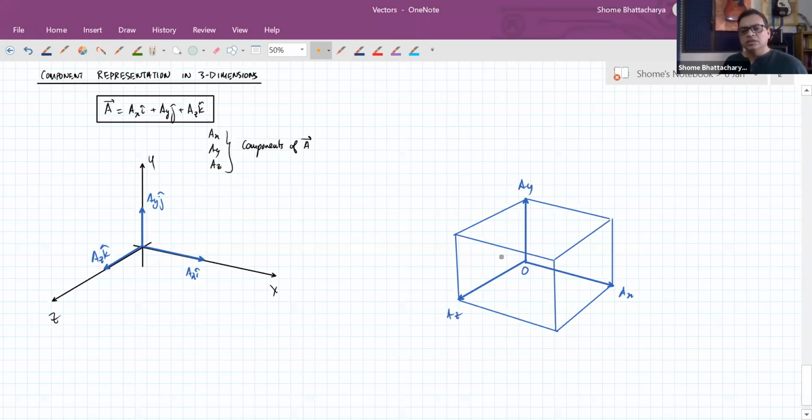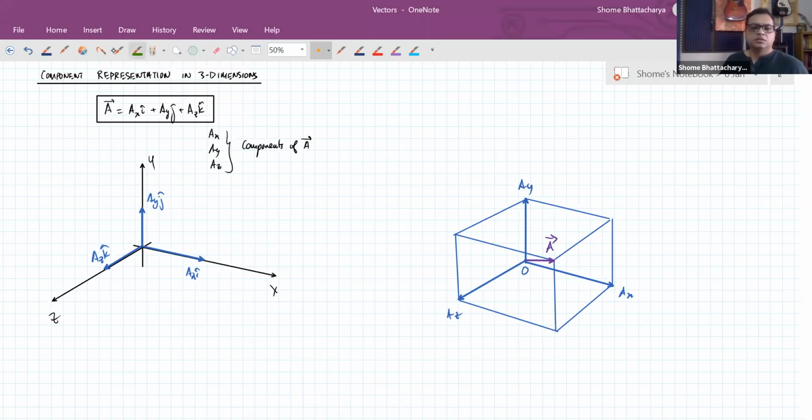In this 3-dimensional rectangular box, the vector A would be nothing but the body diagonal. It would be the diagonal from the origin to this opposite side. This would be the vector A.